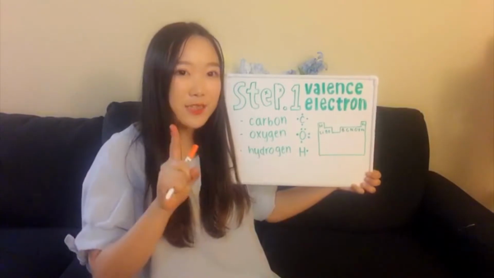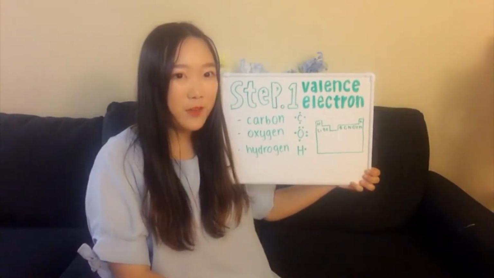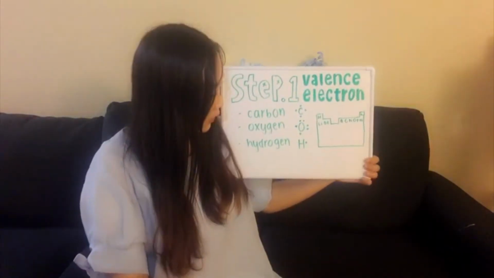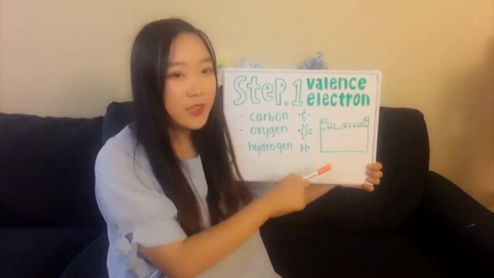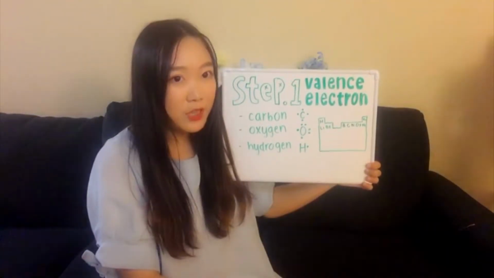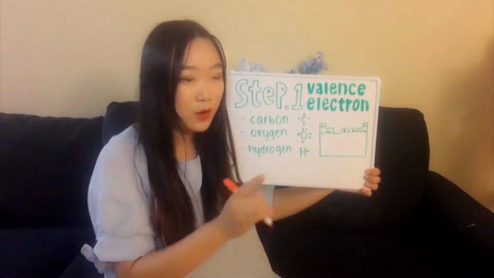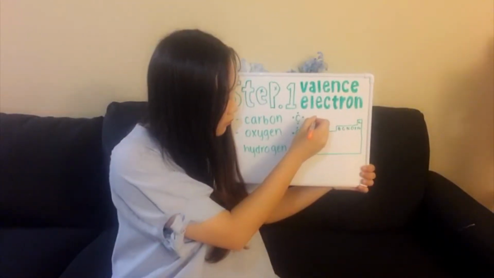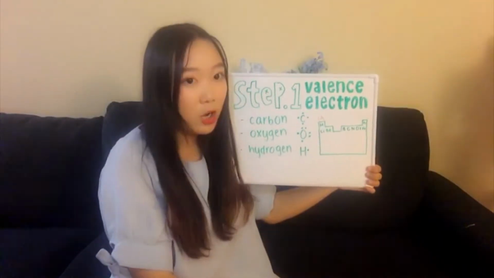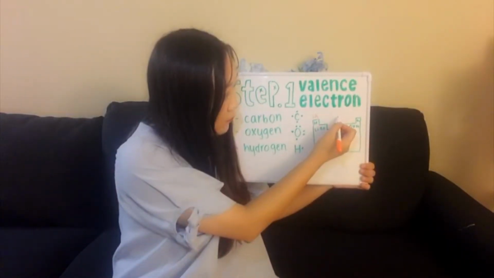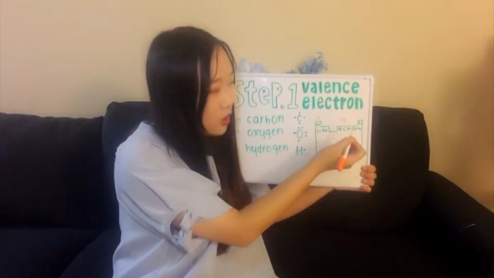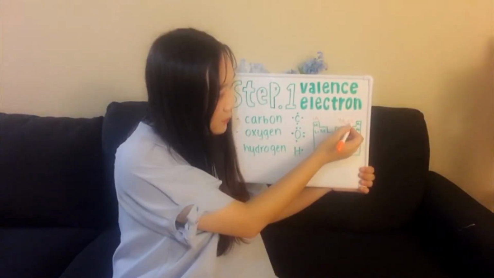First up, you need to figure out how many valence electrons there are. When you look at the periodic table, on the top there's a group number. For example, hydrogen has group number 1A, carbon has group number 4A, and oxygen has 6A.